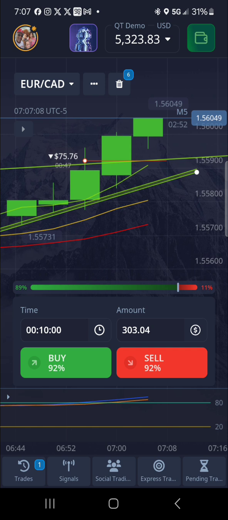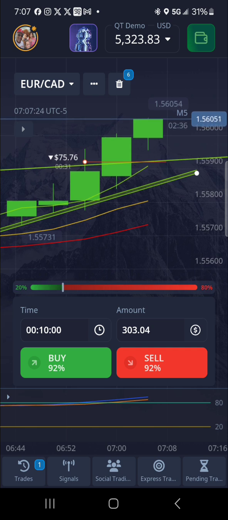So there are different types of candles that tell you things. These are not as accurate, but I like to use them in breakouts because they're more accurate in breakouts.